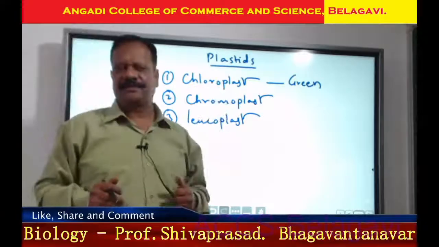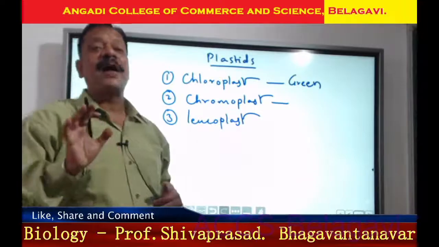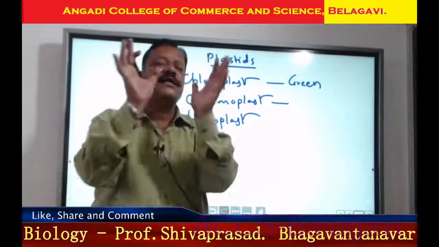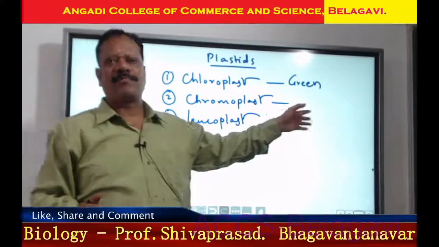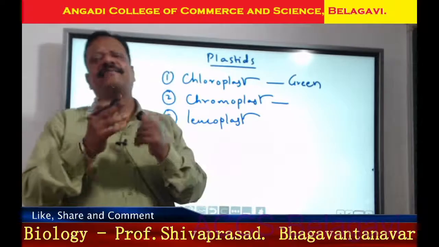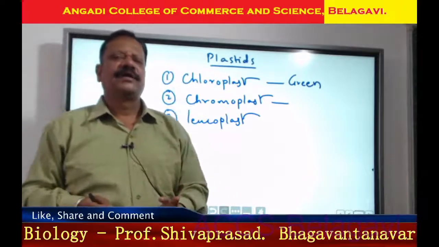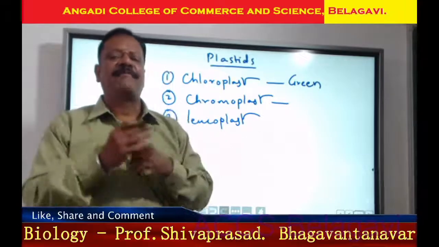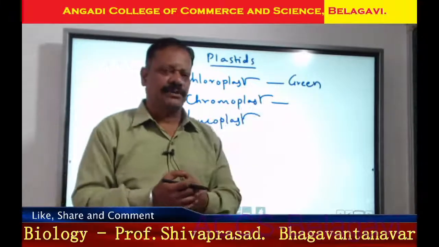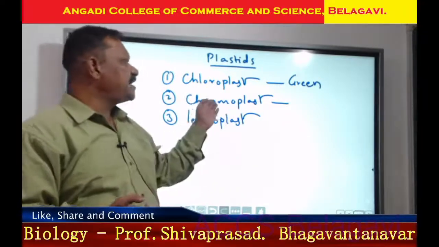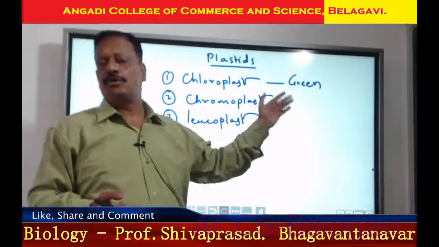Then chromoplast: other than the green part, whichever color you observe in the plant is nothing but chromoplast. See some of the petals, sepals, androecium, gynoecium, and apart from that, other parts of the plant, young leaves and different kinds of colored leaves. In this way, the different colors you observe are nothing but chromoplast.